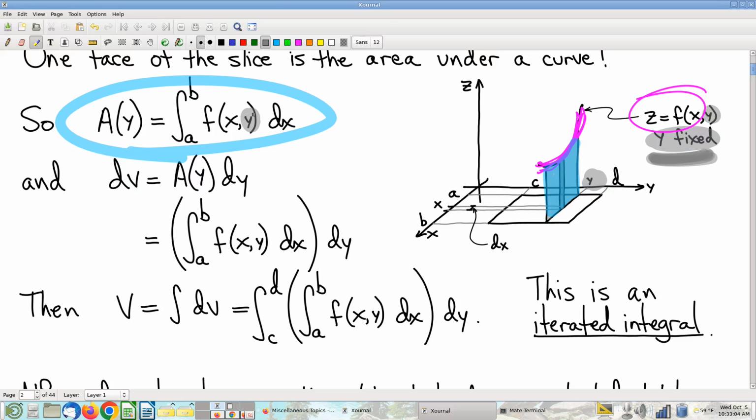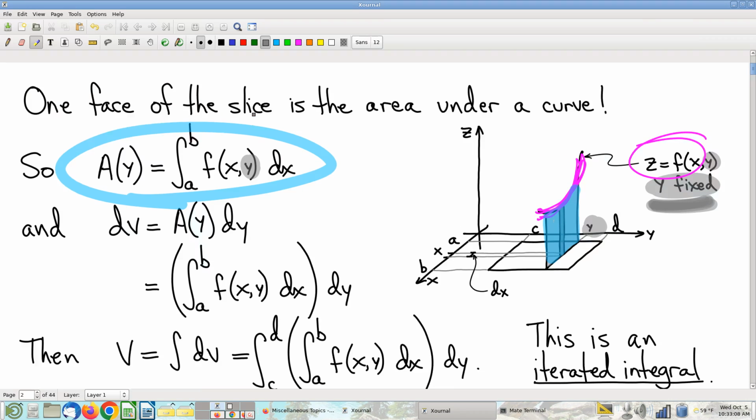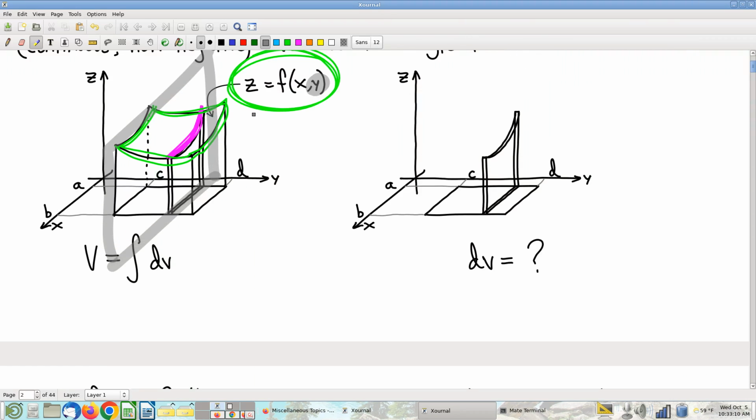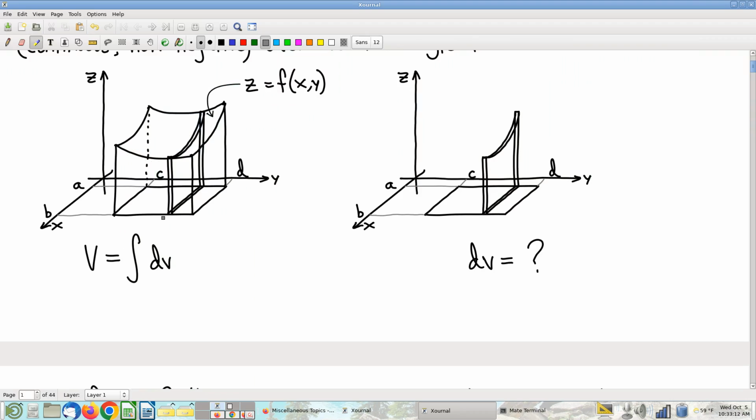And that means that if I want to look at the, let's see here. Let me go back up to here. If I want to compute, I got so many colors going on here. If I want to compute this volume here, this little piece of volume dV, what is that? This little piece of volume, the pieces of which I'm going to add up over all the different values from C to D to get the total volume.